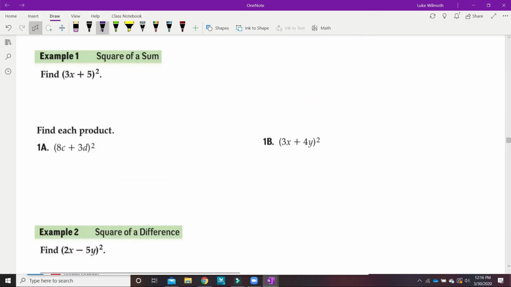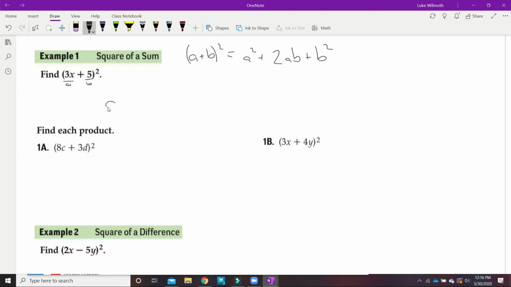All right. So let's do this first one here. Remember our pattern is a plus b squared is a squared plus 2ab plus b squared. That's our formula for today. So in this problem, I have to square the first term and the last term. So a is 3x, b is 5.